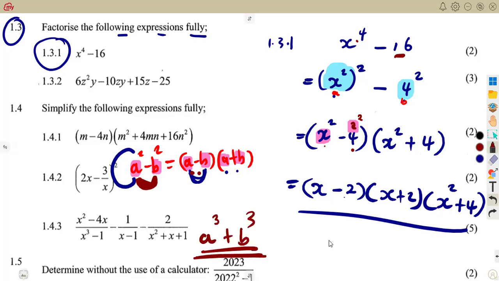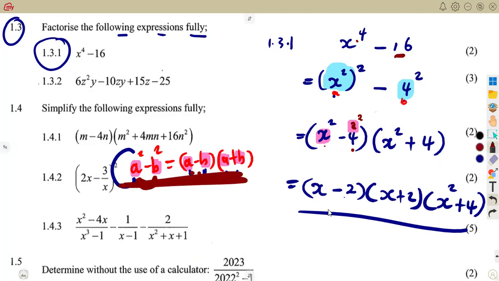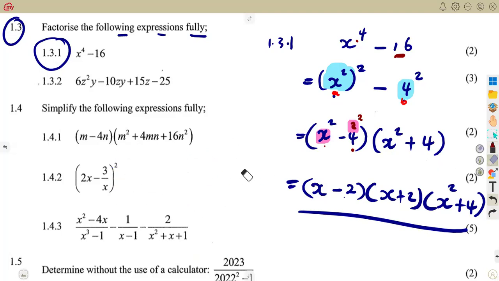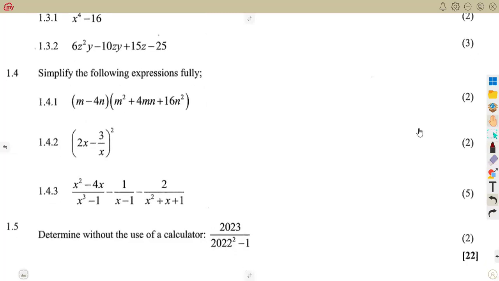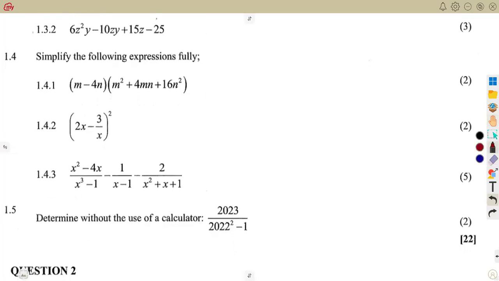For a sum of 2 squares it's impossible, but for a difference of 2 squares it's possible to factorize. So as long as it can be written like this, as a difference of 2 squares, you're done. Please revise your basics of the difference of 2 squares because they can give you different expressions.